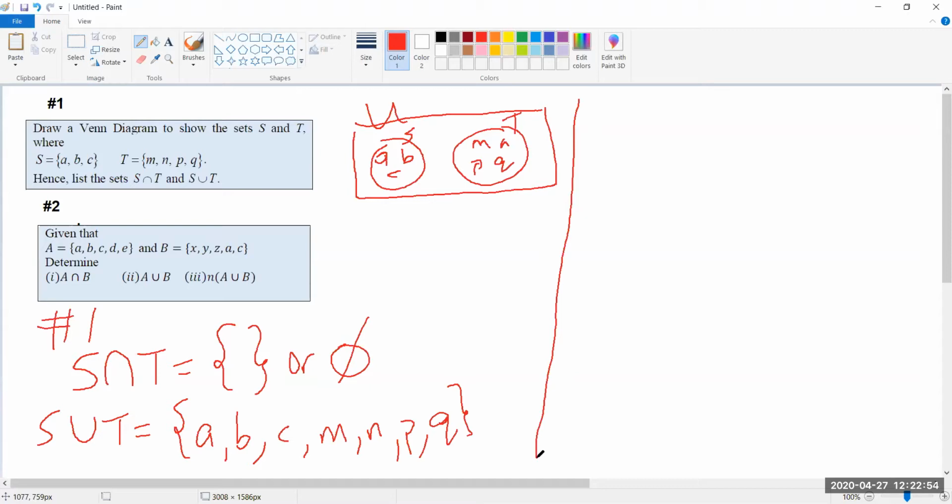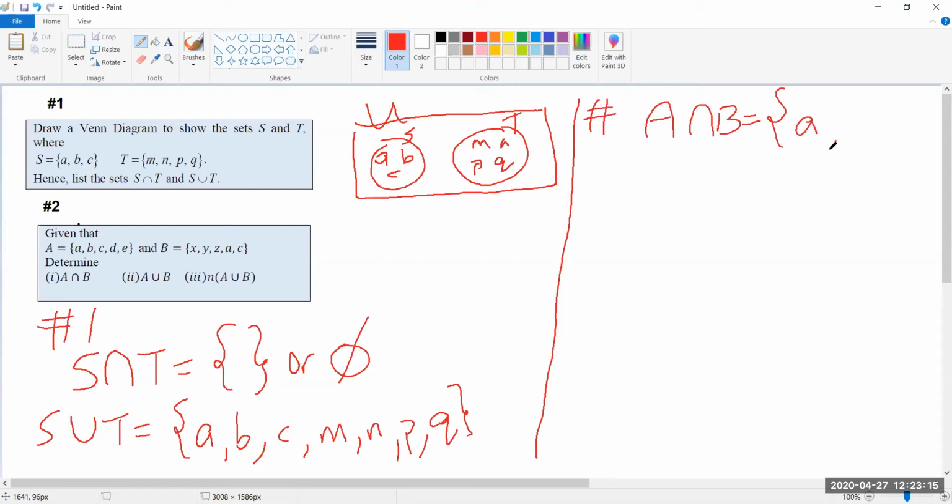Let's look at number 2. We have to determine A union B. Sorry, A intersect B. Do they have anything in common? A, B, C. Yes, I can see that they have A and they have C in common. Are you all seeing that?